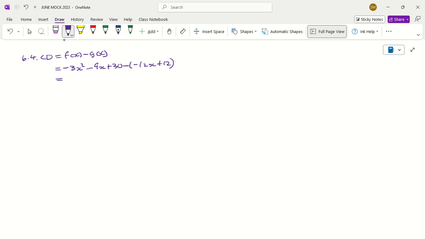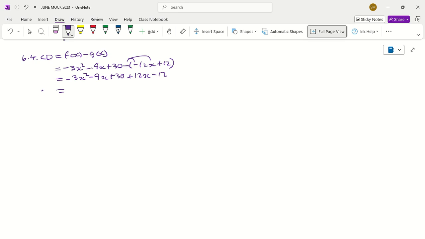Then we can simplify this as negative 3x squared minus 9x plus 30, then distribute the negative. So it's going to be positive 12x minus 12.